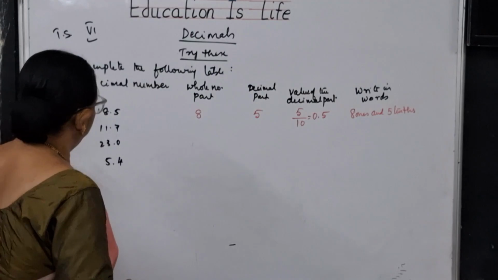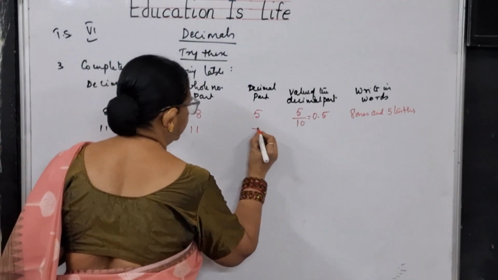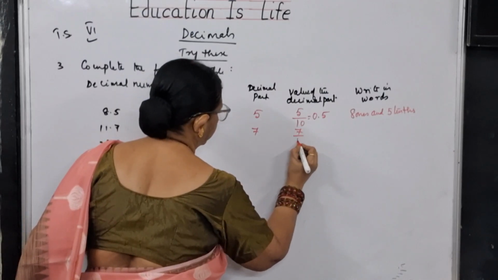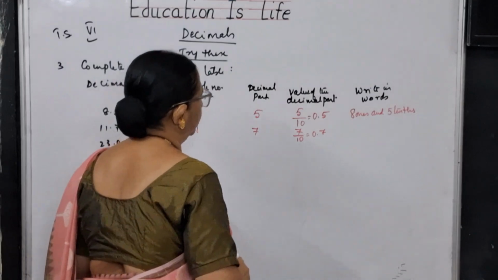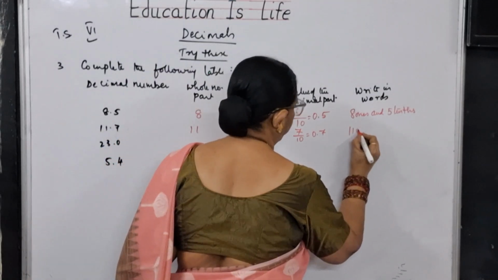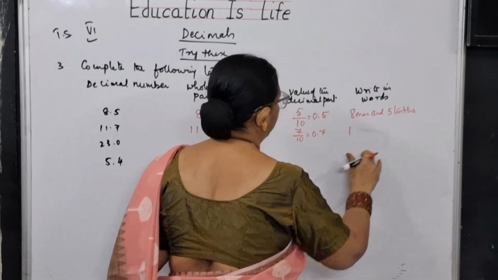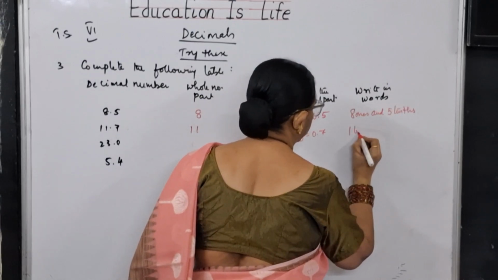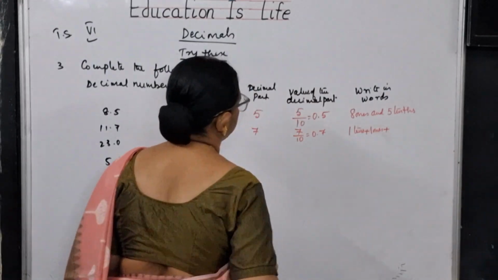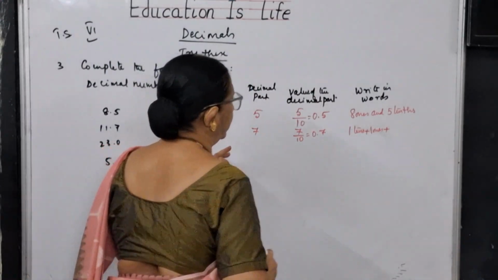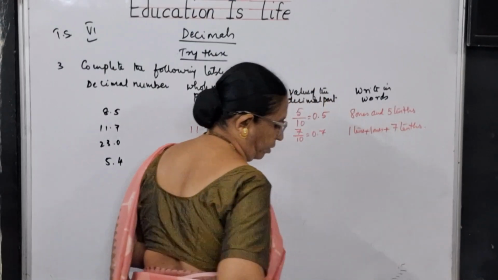Now the next one, whole part, integral part is 11 and decimal part is 7. You will be writing it as 7 by 10. That means 0.7. So how will you write in words? 11 ones plus, they are asking 7 tenths. 7 tenths.